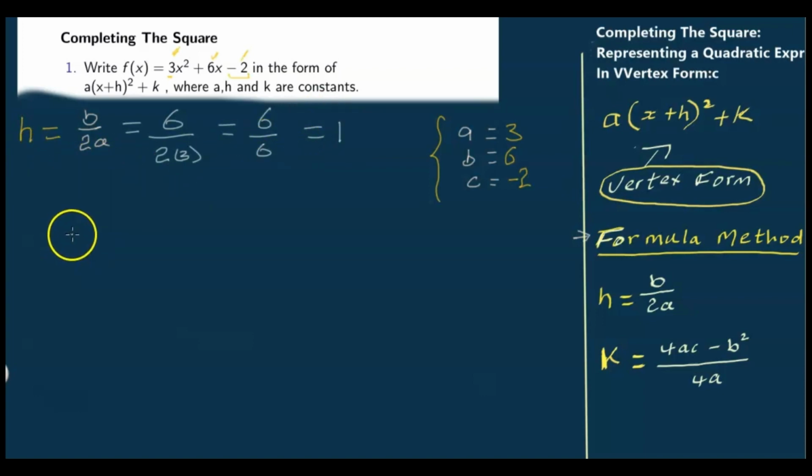Now the second formula, we're going to find what k is. So k equals, and this is the formula for finding k here: 4 by a, which is 3, by c, which is -2, minus b squared.